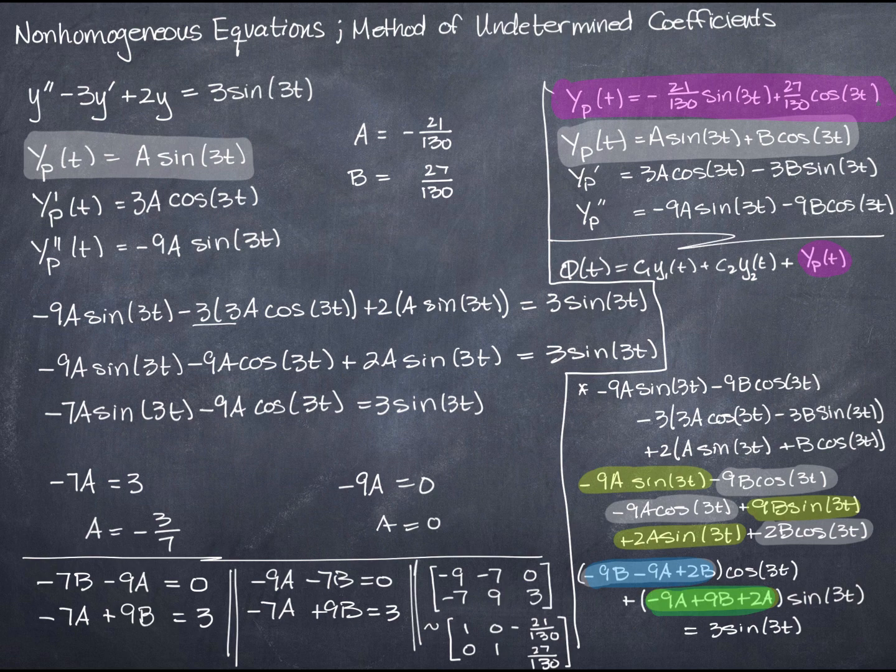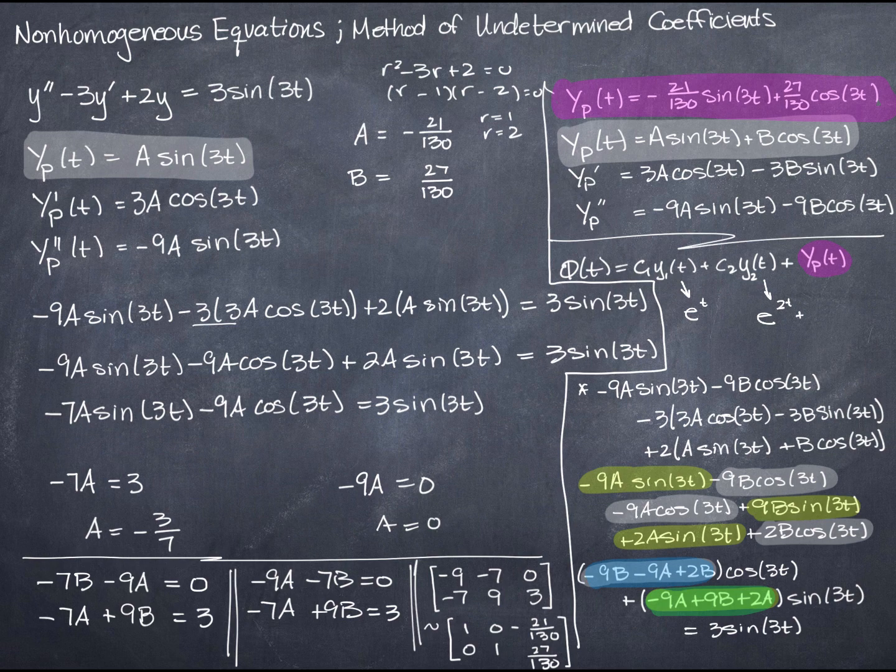It's going to be r squared minus 3r plus 2 equals 0. That factors into r minus 1 and r minus 2. So r equals 1, r equals 2. So my y1 is going to be e to the t. My y2 is going to be e to the 2t.